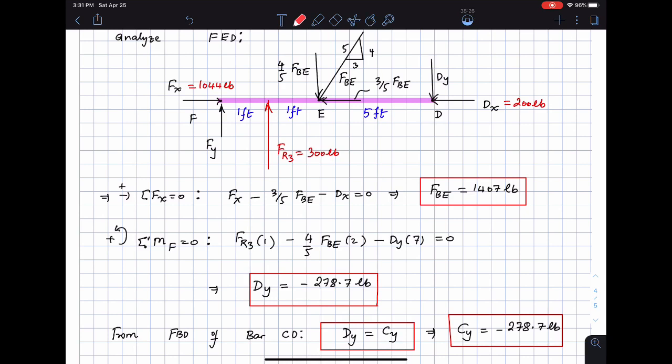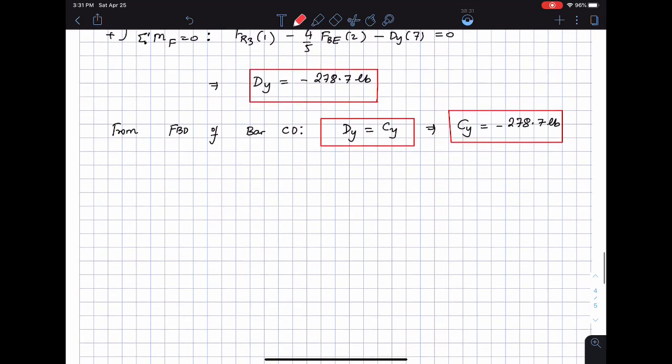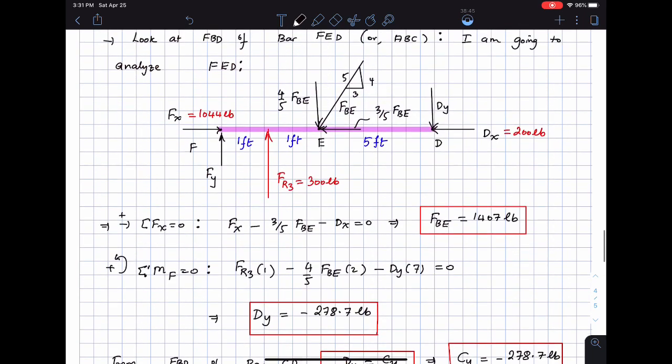So if I sum forces in the y direction, I get the following. On bar FED, I sum forces in the y direction and set them equal to 0. What are my forces? I have Fy going up, FR3 going up, dy going down, 4/5 FBE going down.